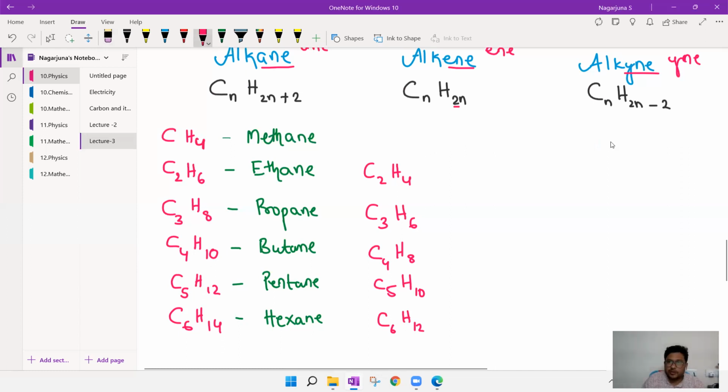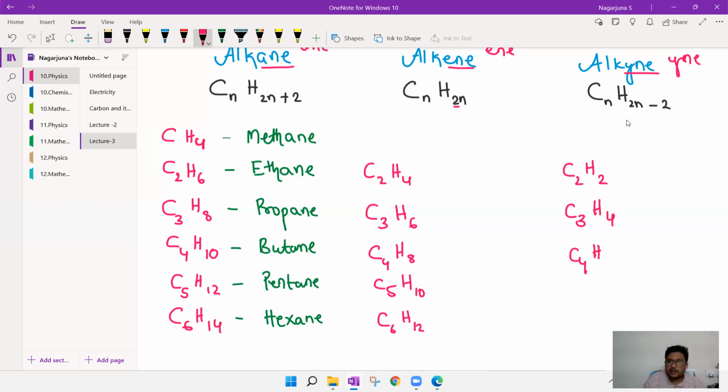Let us substitute from 2. If you substitute from 2, it becomes C2H, 2 into 2, 4, 4 minus 2 is 2. Right. Next, if you substitute 3, it becomes C3H, 2 into 3, 6, 6 minus 2, 4.